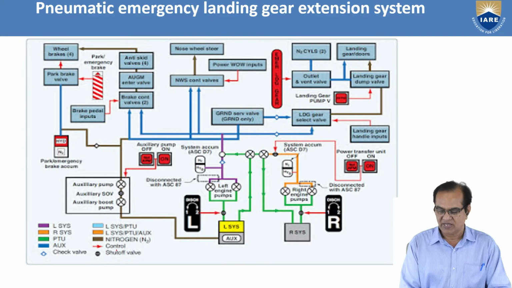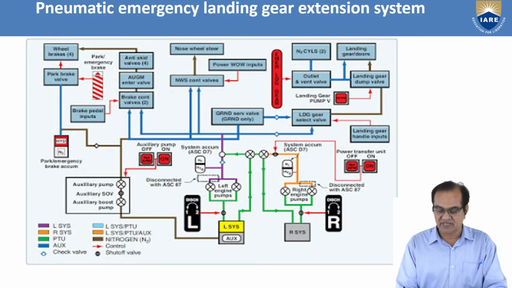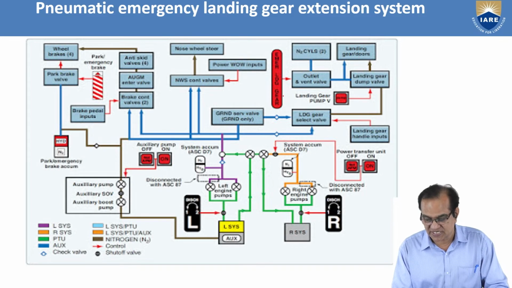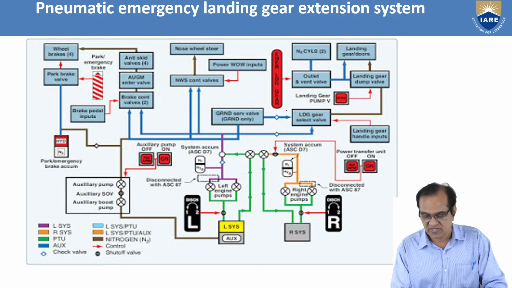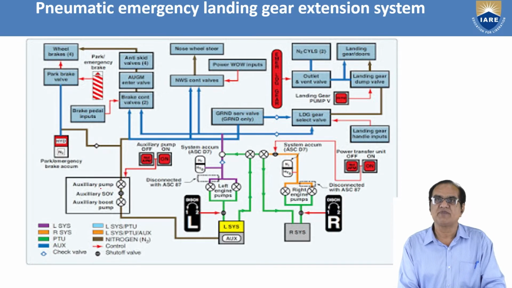All these colors are indicated here, and here we have the emergency landing gears. This is the right system, and here is the left system. Here is the auxiliary pump, the auxiliary shut-off valve.